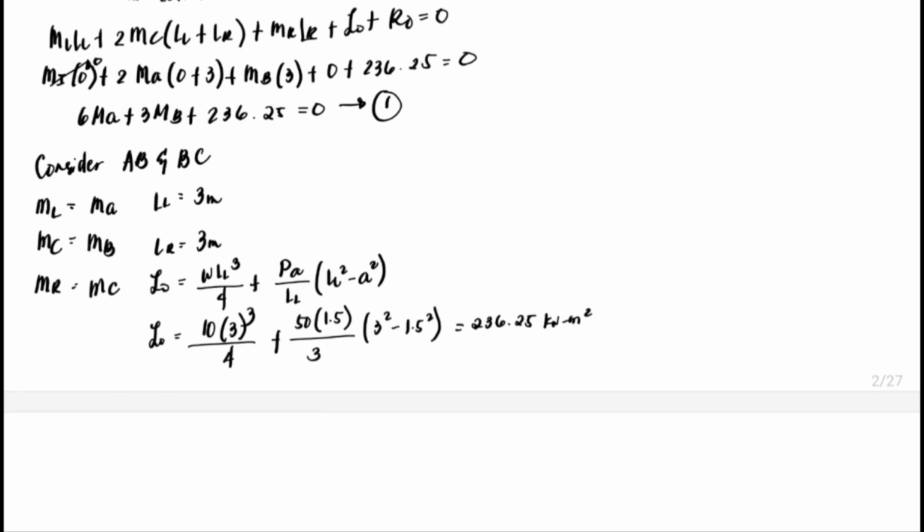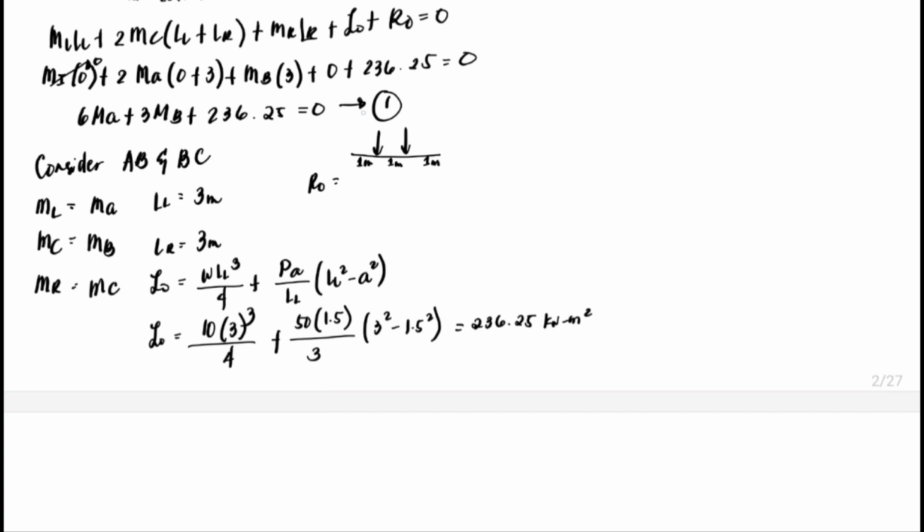Next naman natin yung ating RO dito sa span na yan. So, we have RO here. Mapapansin nyo, dalawa po yung ating value. Ito yung drawing niya eh. Lagay natin. We have 1, 1, diba? Check natin. We have 1 meter, 1 meter, and then 1 meter.